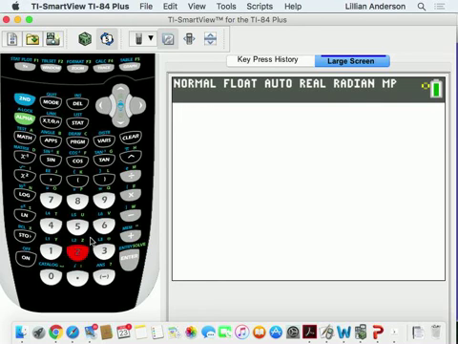Now I want to do 126 minus 125.7. I'm putting that in parentheses. Why am I putting that in parentheses? So it actually subtracts them, because what comes after this? What do I have to do after this? I have to divide. And I want to make sure the calculator knows that I am dividing whatever that difference is from the actual exact value.